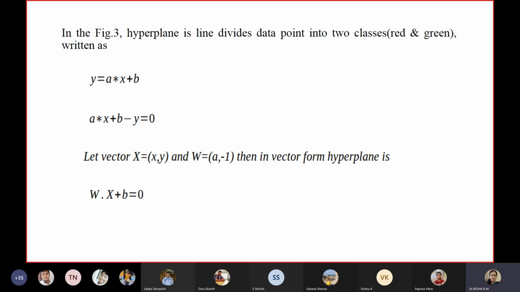What are weights? Have you studied bias and variance? Are you familiar with bias and variance?